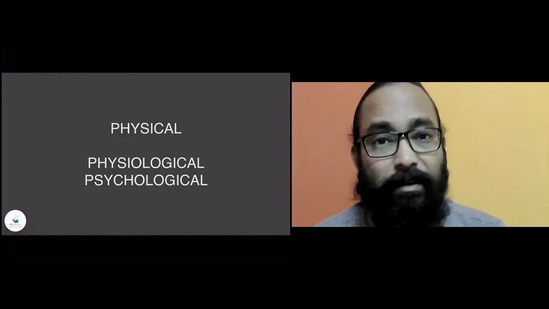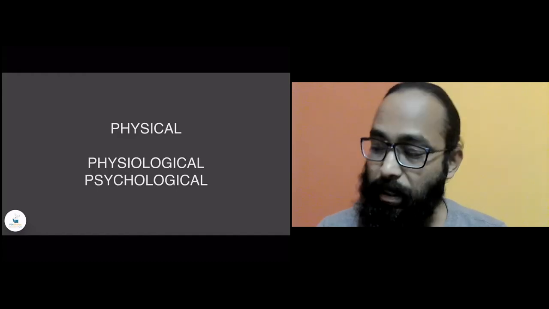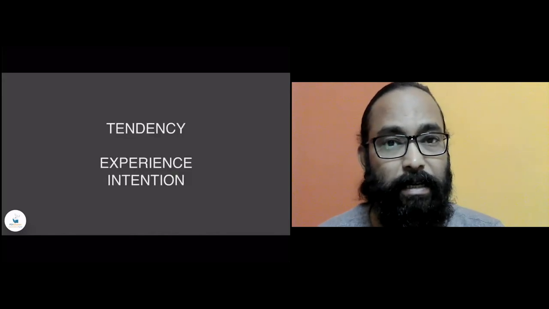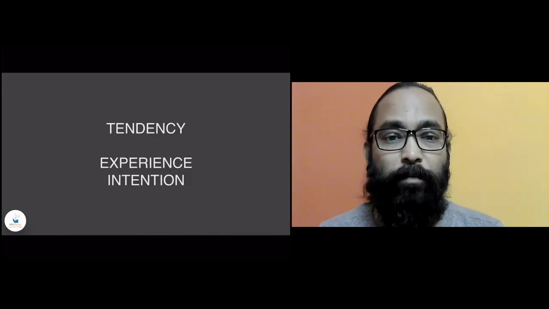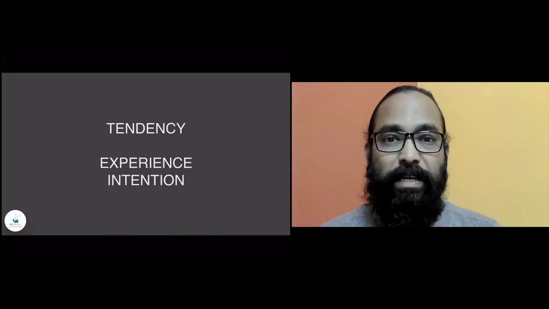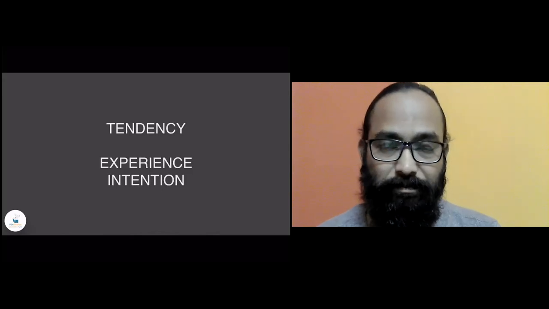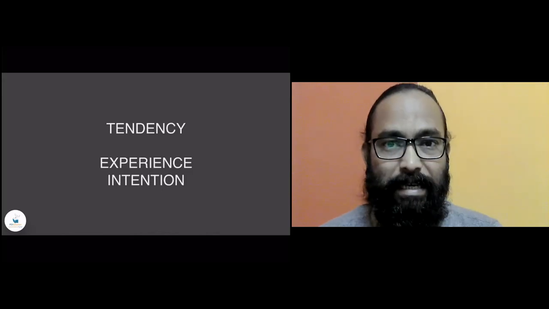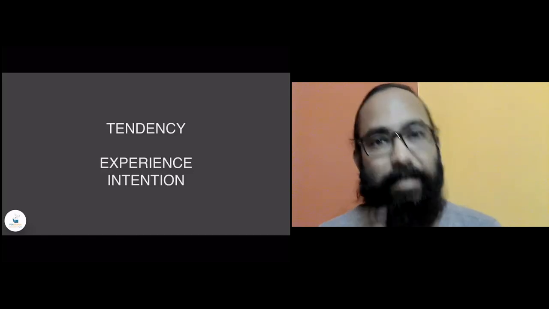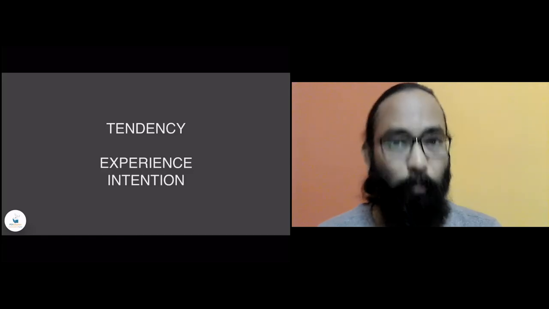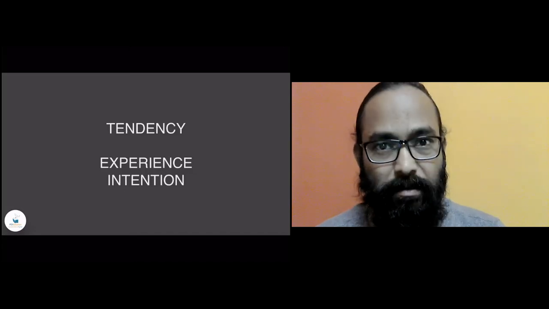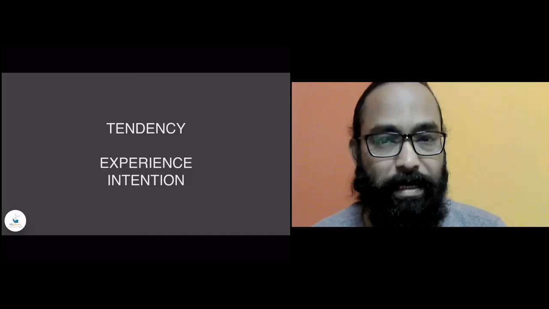So these three layers of existence, physical, physiological, and psychological, need to be understood before proceeding further to explore truth, reality, and rationality. Now, in correlation to these, we also need to understand the meaning of tendency, experience, and intention. Tendency is a spontaneous existence in nature. Whatever is existing in nature is mostly tendency based, not humanly modified.